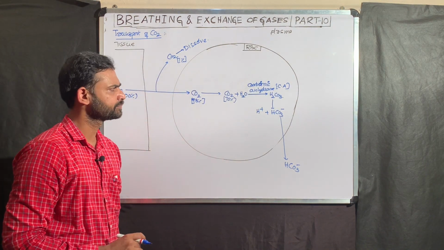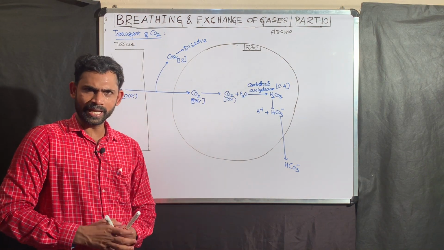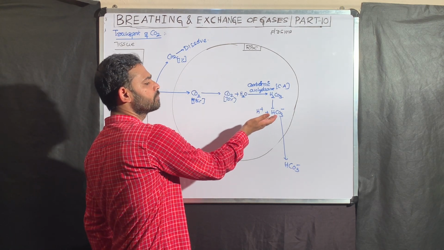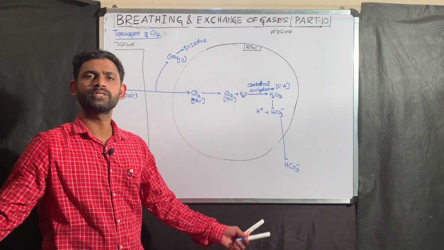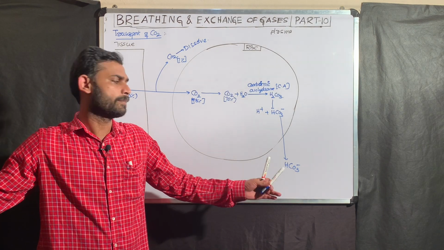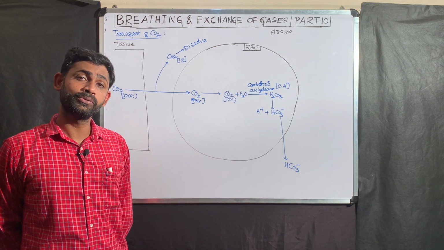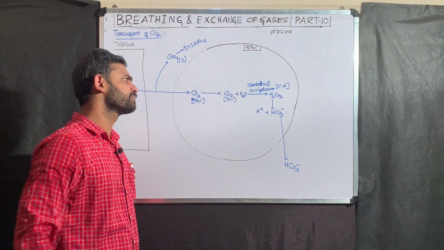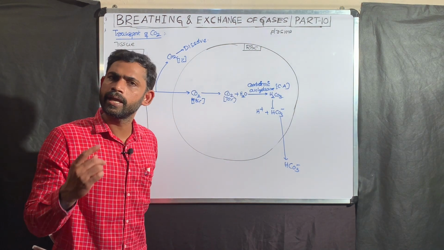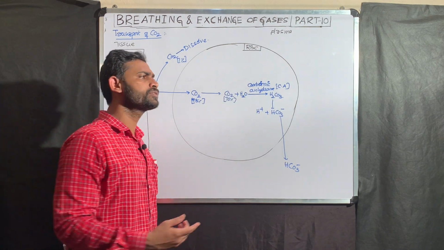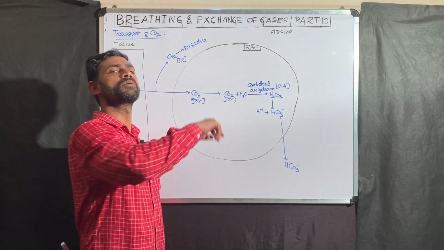Okay, wait there. Here the important thing is that conceptually you need to understand, if one bicarbonate ion enters into the plasma, there is not much change in the ionic balance of the plasma or blood. But what you need to remember is, in 1 second, carbonic anhydrase can produce 6 lakh carbonic acids.